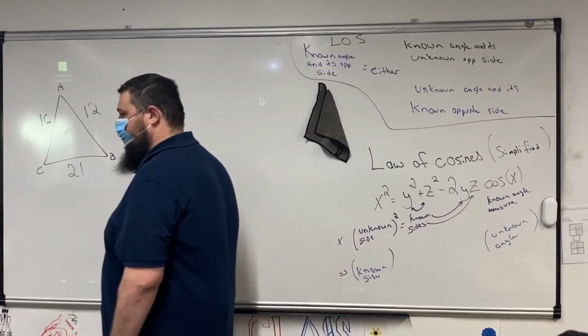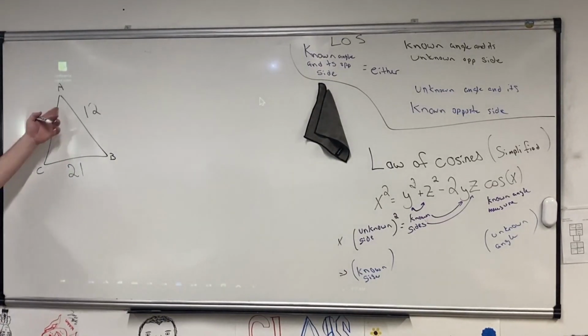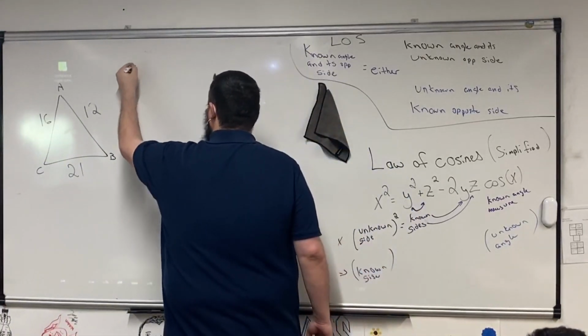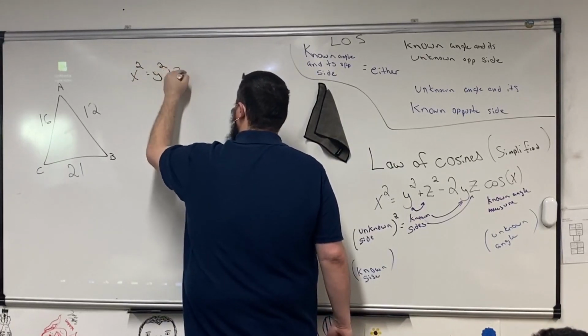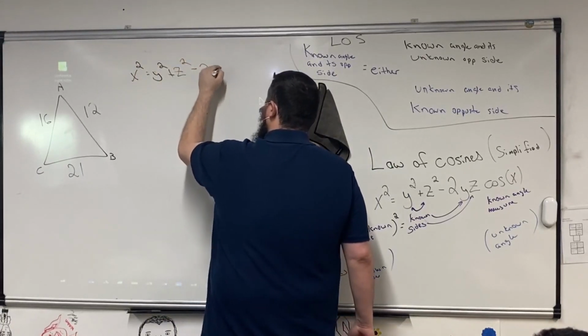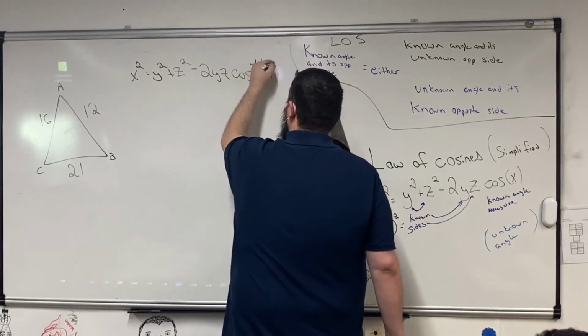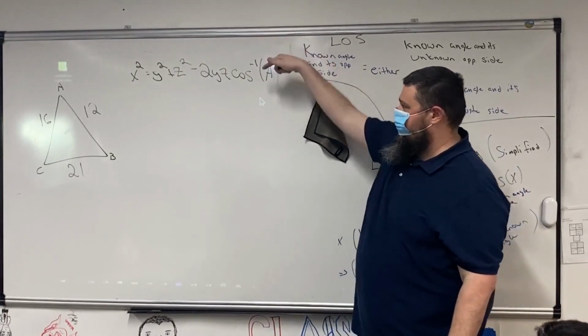The question becomes, what angle do you guys want to find? Sydney, go ahead. You start with A? All right. Sydney said, let's keep it simple, start with A. So I'm going to rewrite this. Notice here, I want A, so I'm using inverse so I can find what the angle was.